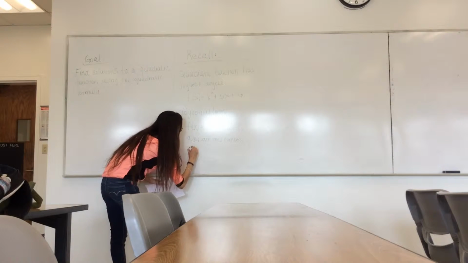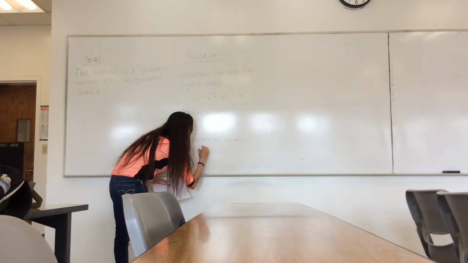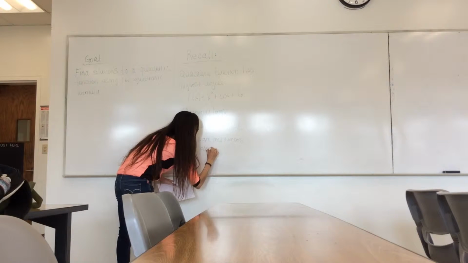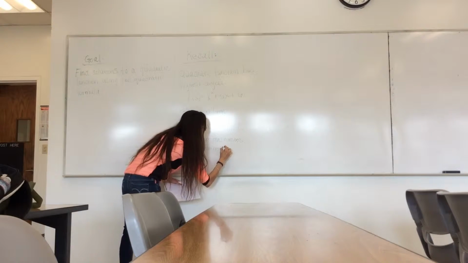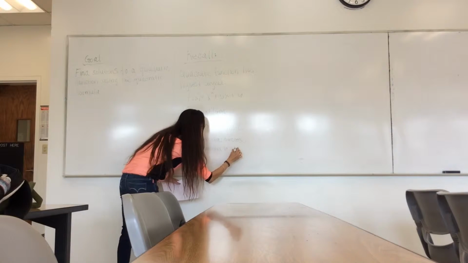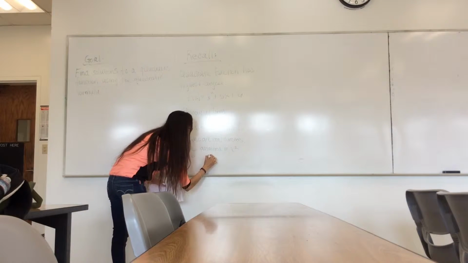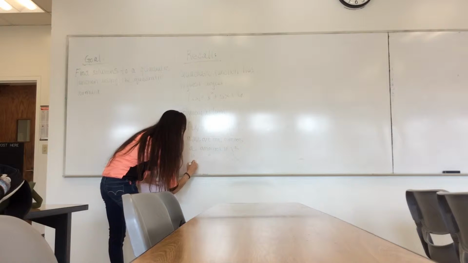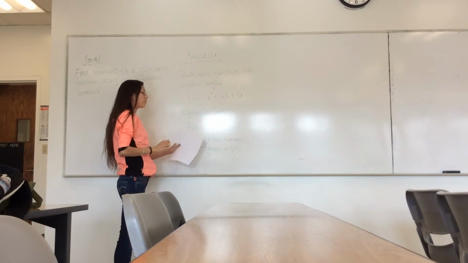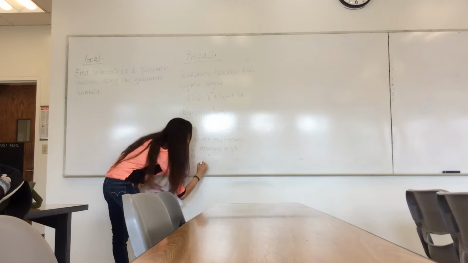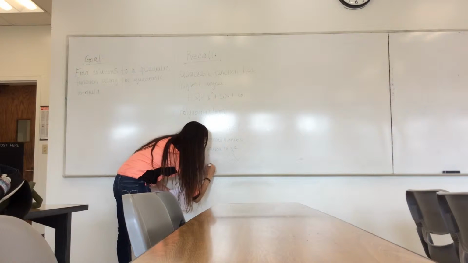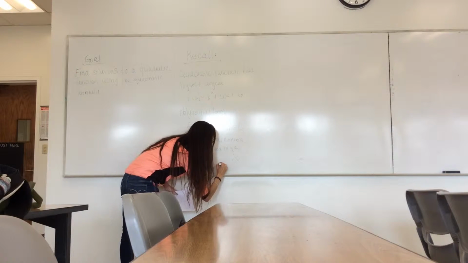And a is always attached to the x squared. The b is always attached to the x. And then the c is the number without any x. So it doesn't have x.